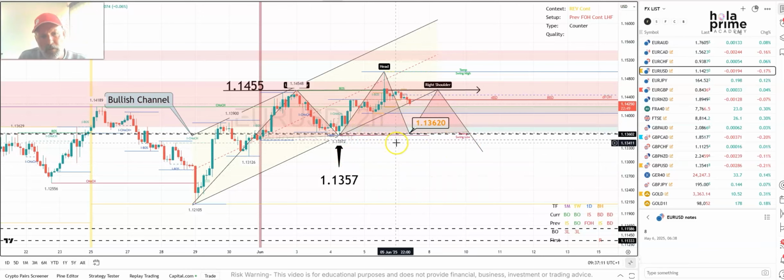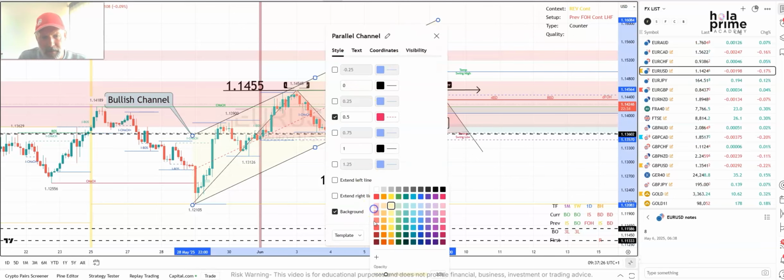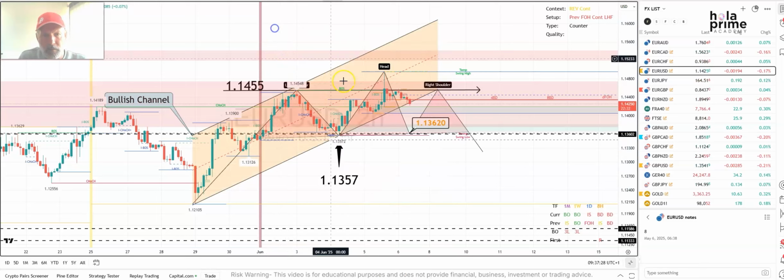Got a confluence zone down here, 113.62, 113.57. If we bounce from there, I'd look for a retest of the breakout level. So a retest of this channel breakout. I'm better off actually making that a little bit darker so we can see it better. And I believe it could be quite close to this previous swing high, so 114.55.